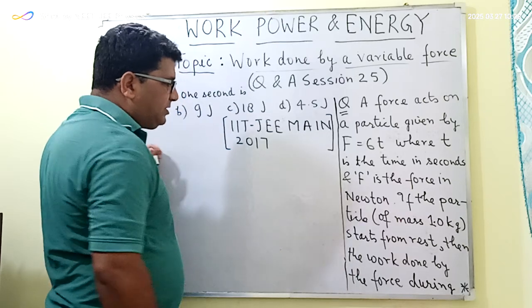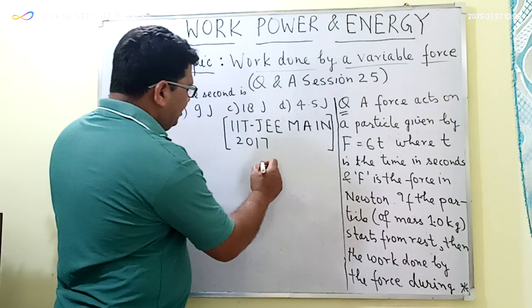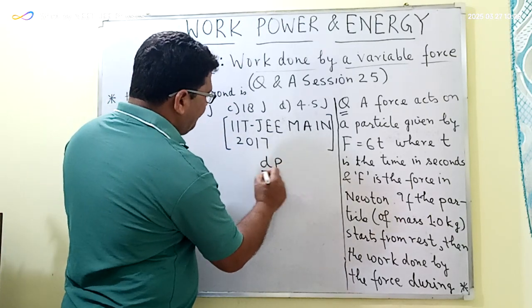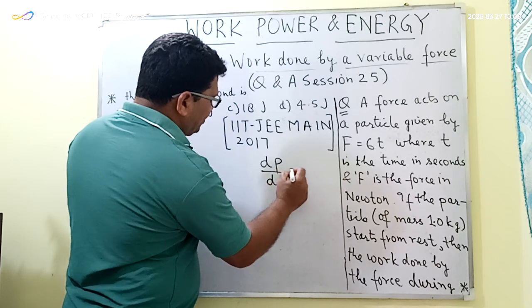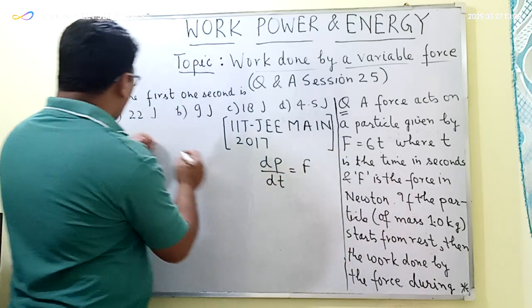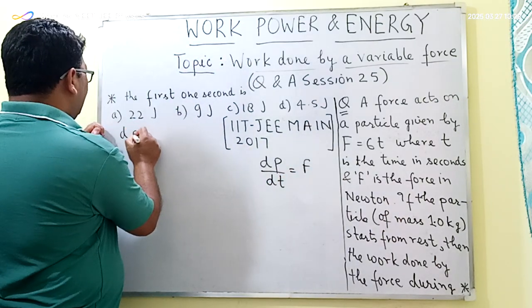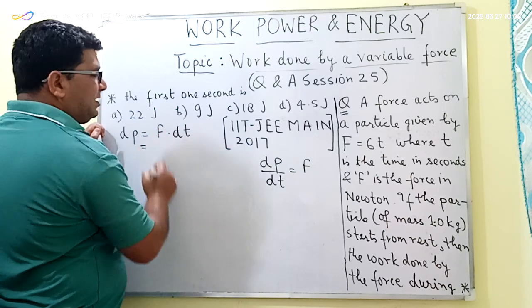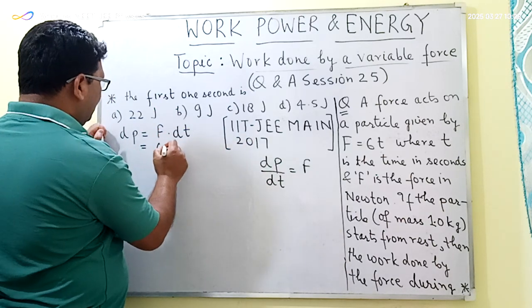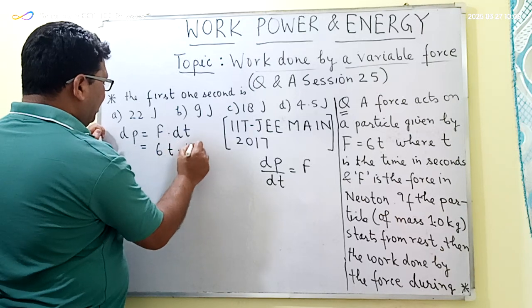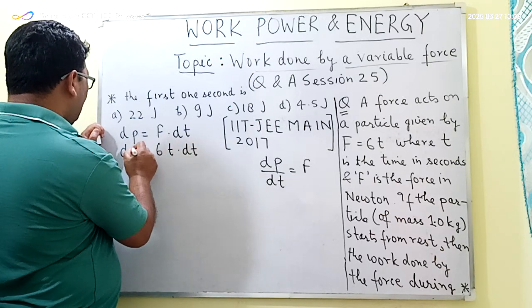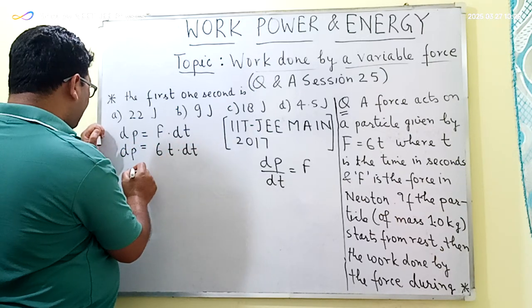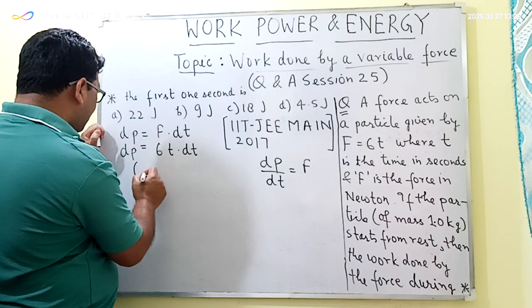So here we will be using Newton's second law, that is, the rate of change of momentum is equal to the applied force. So from here we can write dp is equal to F dt. Now F is equal to 6t. So dp will be equal to 6t dt, and simply we will integrate this equation.